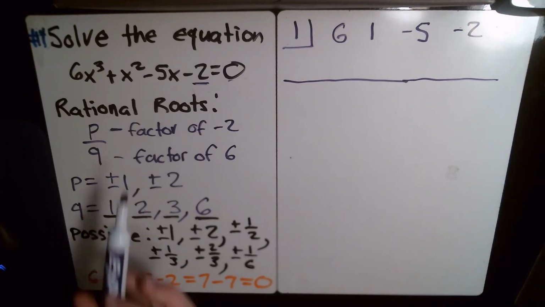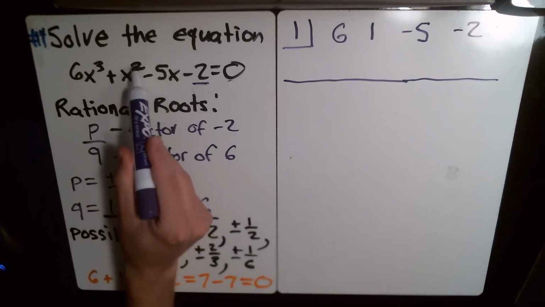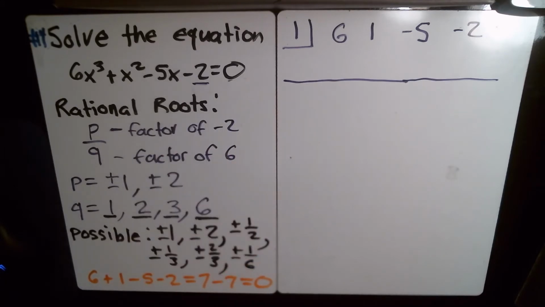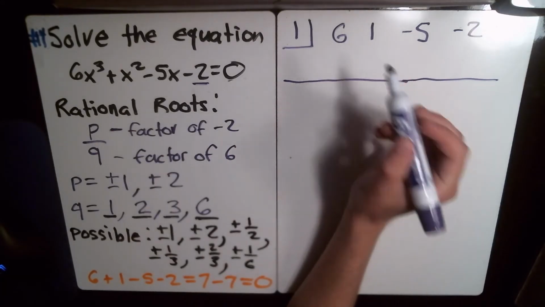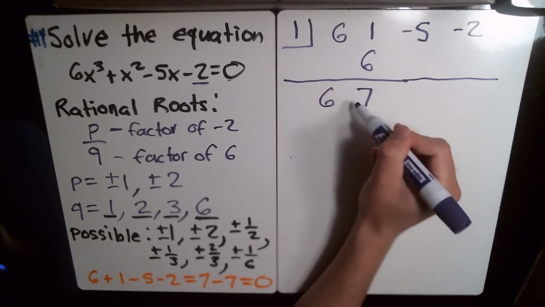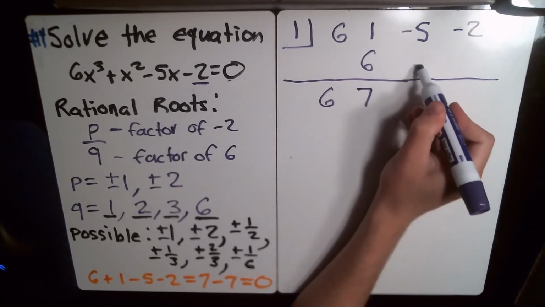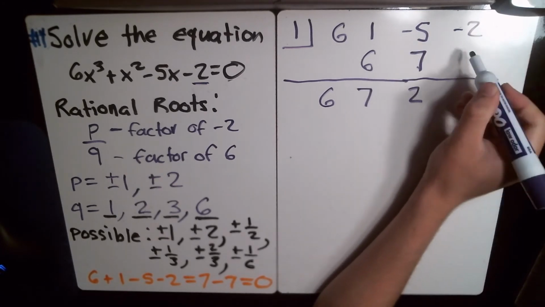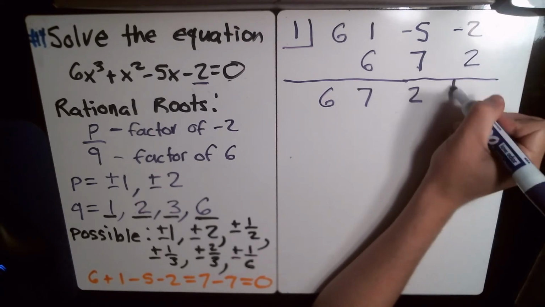But for this one, we go from x cubed, so from 3, 2, 1, 0. Yeah, so we've got everything. Okay, so we bring down our 6, times by 1 is 6, add is 7, times 1 is 7, plus negative 5 is 2, and then times by 1 is 2, add is 0.